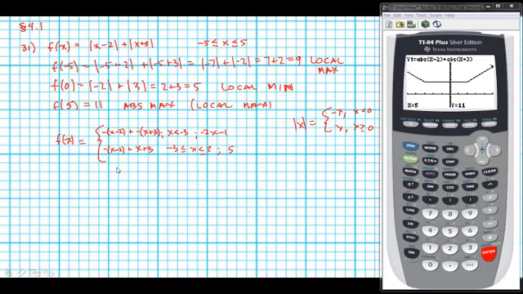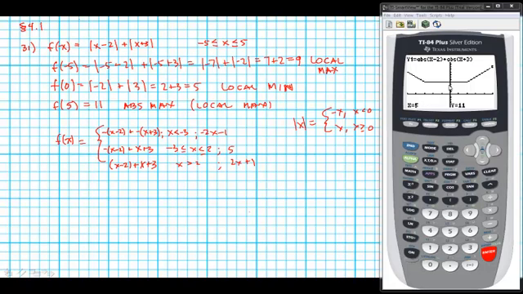And then lastly, when x is greater than 2, this ends up being x minus 2 plus x plus 3, or it gives us the function 2x plus 1. And you can see that this looks very much like a 2x plus 1 function.